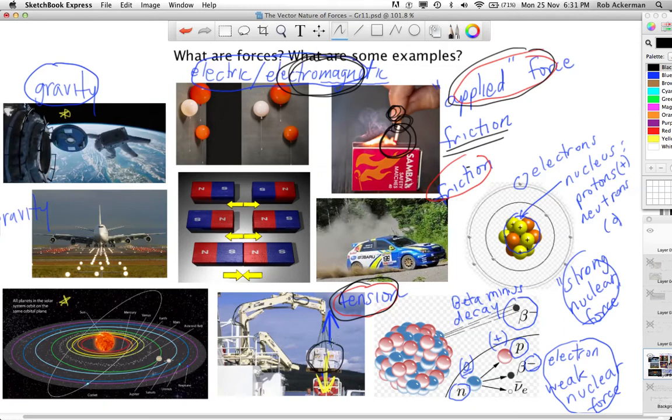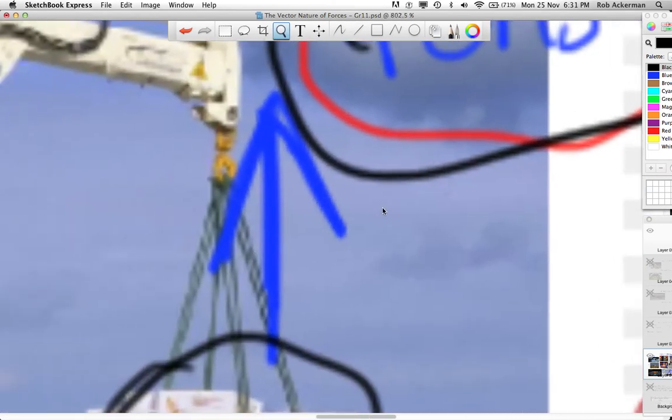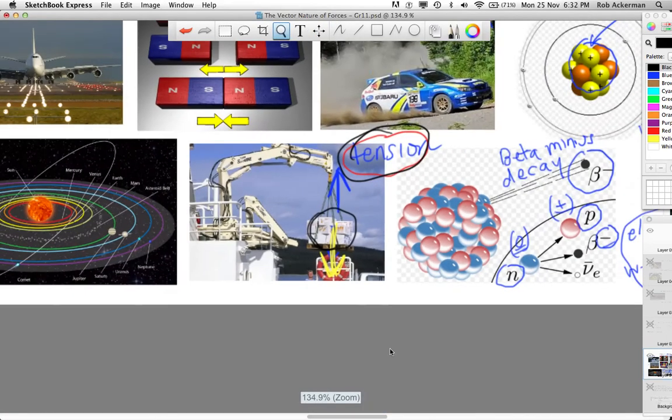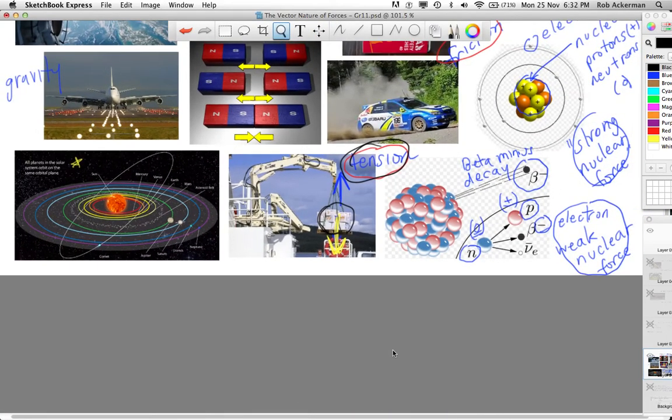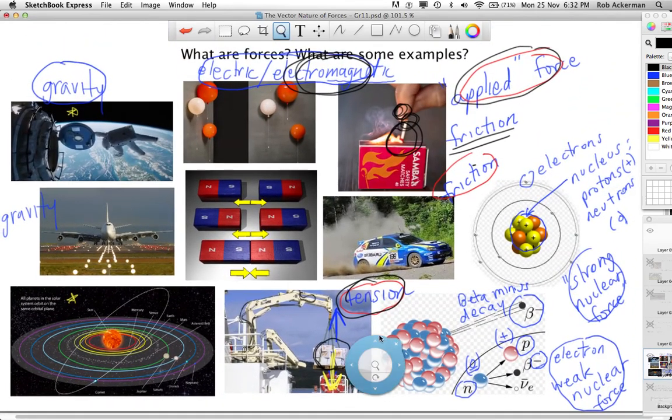Well, it's the strength of the chain, but what is that really? Once again, imagine zooming in so that you could actually see on an atomic scale the links in this chain. What would you find? You'd find atoms attracting one another. And so really, what is the tension force? It's nothing more or less than an example of the electromagnetic force. So even tension is electromagnetic in nature.